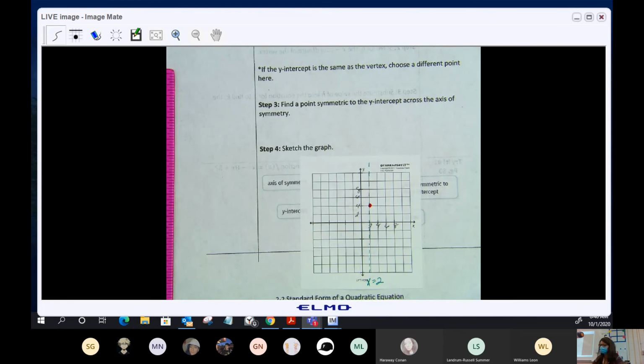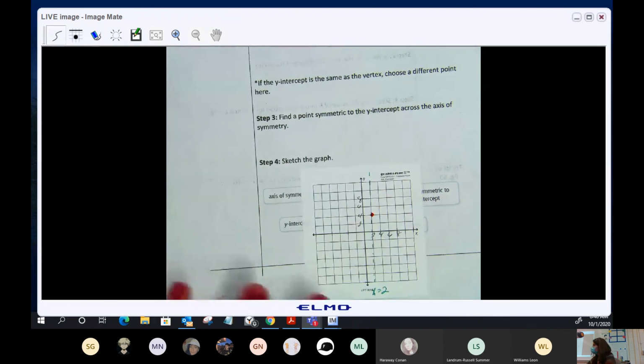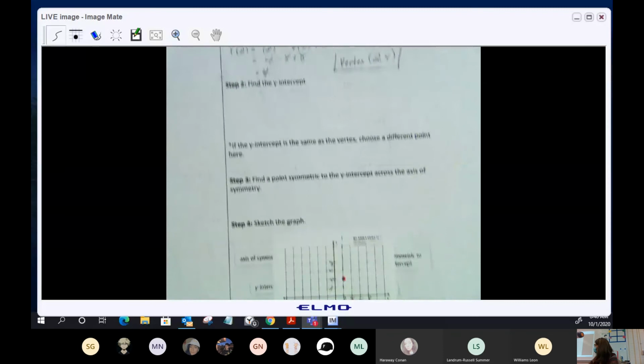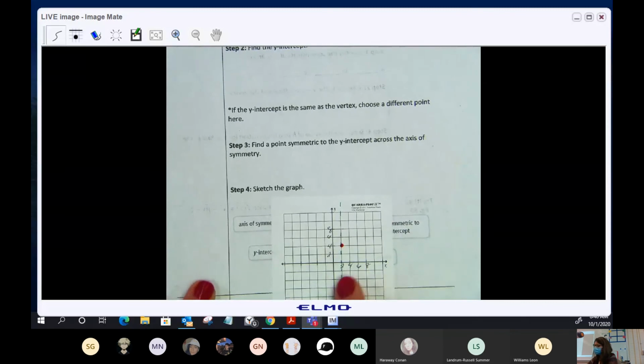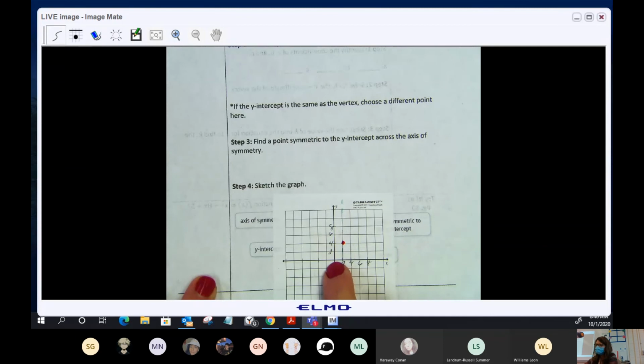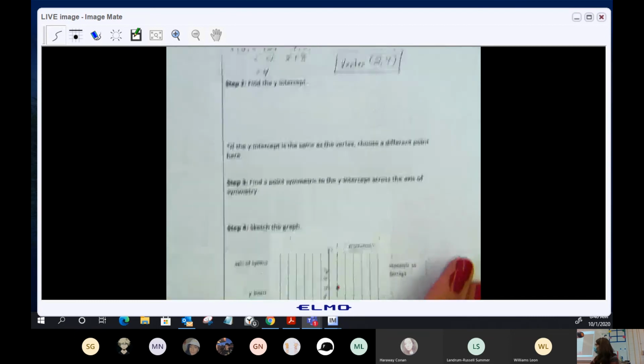Let's go find the y-intercept. So remember, if you're on the y-axis, your x value is 0. We haven't gone left, we haven't gone right of the y-axis, so your x value is 0 if you're on the y-axis.